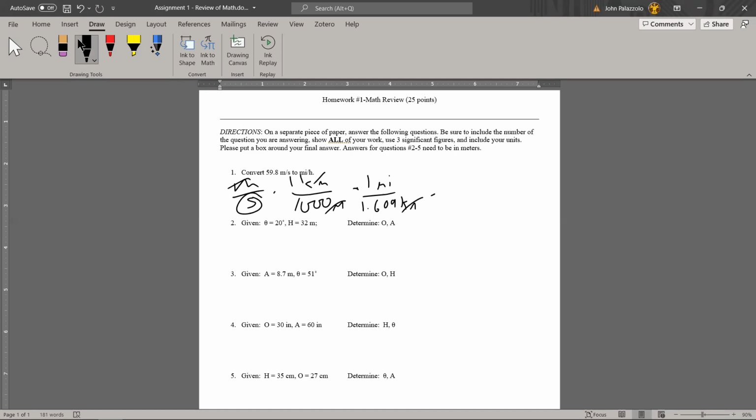So we know that there are 60 seconds for every 1 minute. So we can cancel this out. And then we know that there's 60 minutes for every 1 hour.